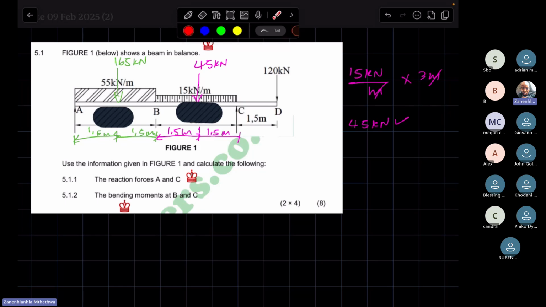Once you've resolved the UDL into its weight, now you can apply conditions of equilibrium. Why? Because now you have all your point loads parallel to each other, so the reactions are parallel with all the point loads.